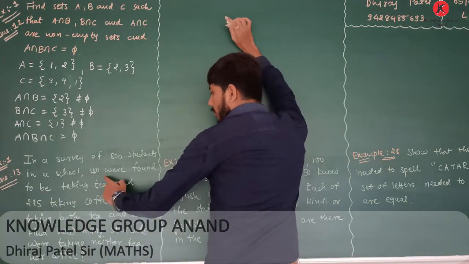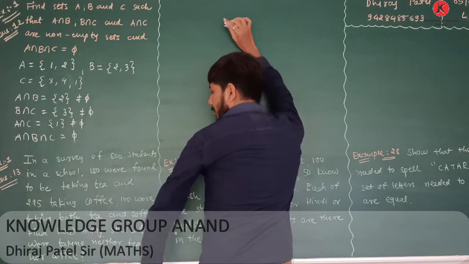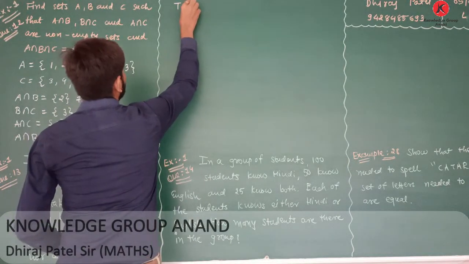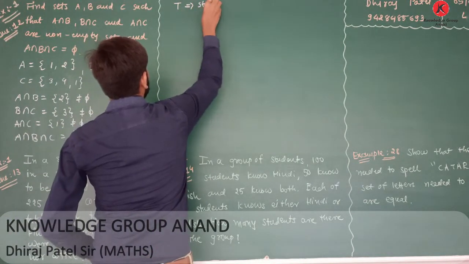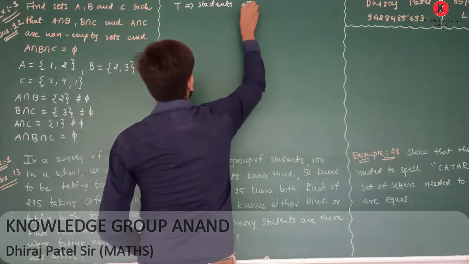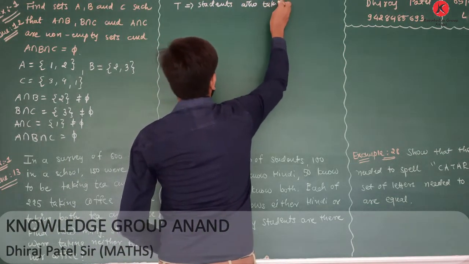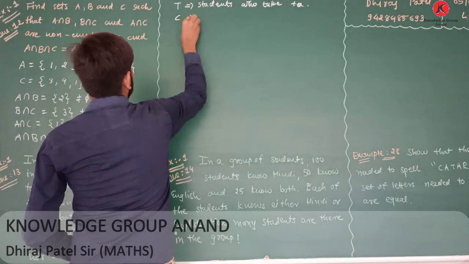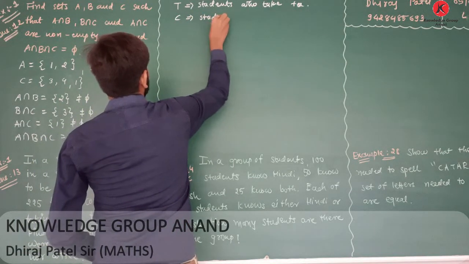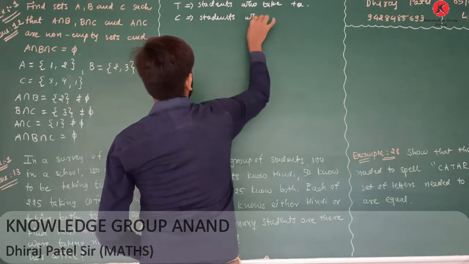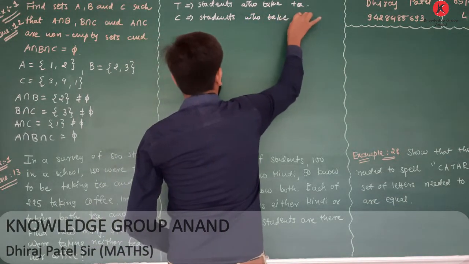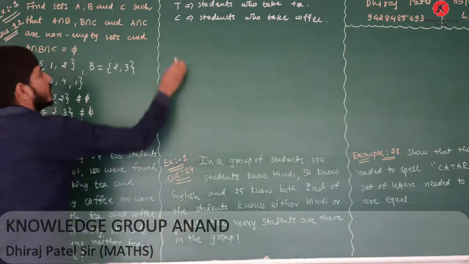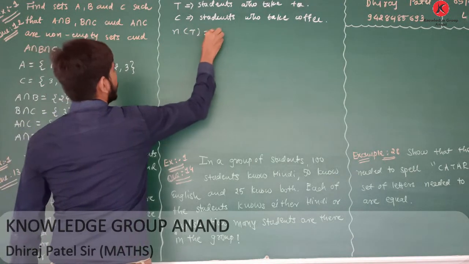ચલો, પહેલા પેલું તો you have to take the sets which represents tea and for coffee. So I am taking T, capital T, for students who take tea. Okay, next for C, capital C, for students who take coffee. Okay, now see here, data is 150 were found to be taking tea, therefore number of elements in tea equals to 150.